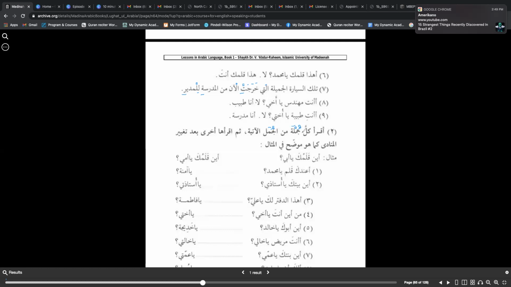So read every sentence. Jumlatin. اقرأ كل جملة من الجمل. جمل, it is majroor because of the min. Min is from huruf jar.